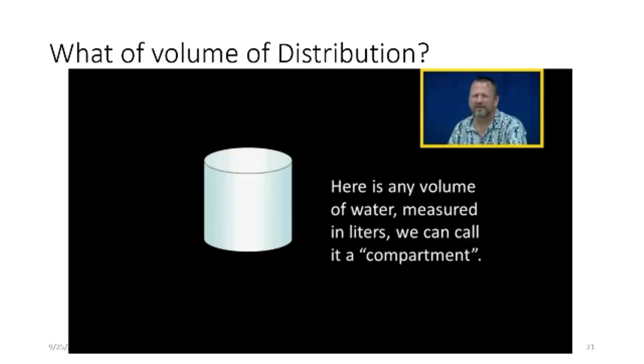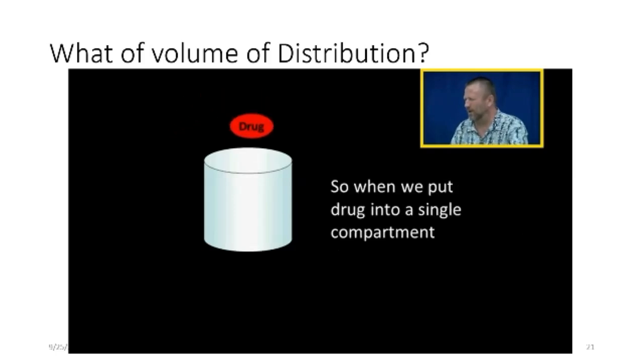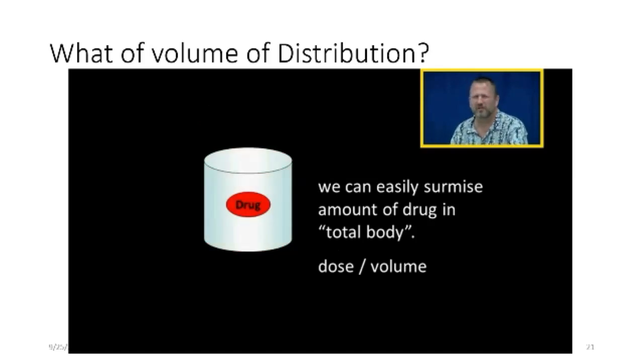So if we take this any volume of water and measure it in liters, we can call it a compartment. And as we go through pharmacology, we will talk about various body compartments and compartment models. Let's think of this compartment as the total body, or the total body water. So when we put a drug into the single compartment, we can easily surmise the amount of drug in the total body.